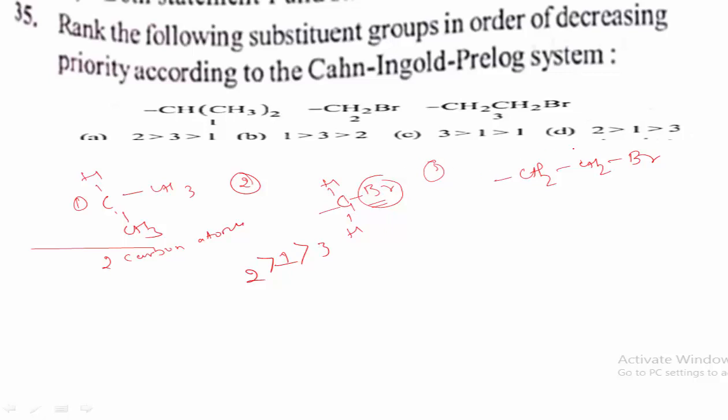Means here mass of this compound becomes very less because the number of hydrogens are less here. Is it right? Number of hydrogen atoms are less here. Therefore, 2 is greater than 1, greater than 3. Where is the answer? 2 is greater than 1, greater than 3. Option D is the right answer.